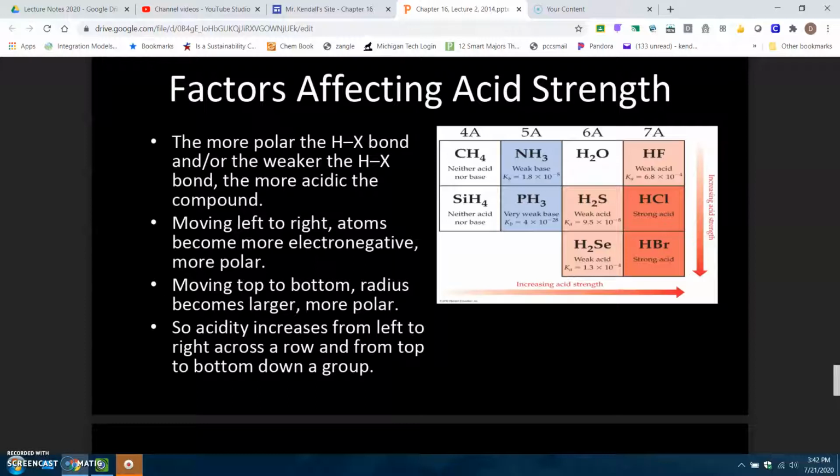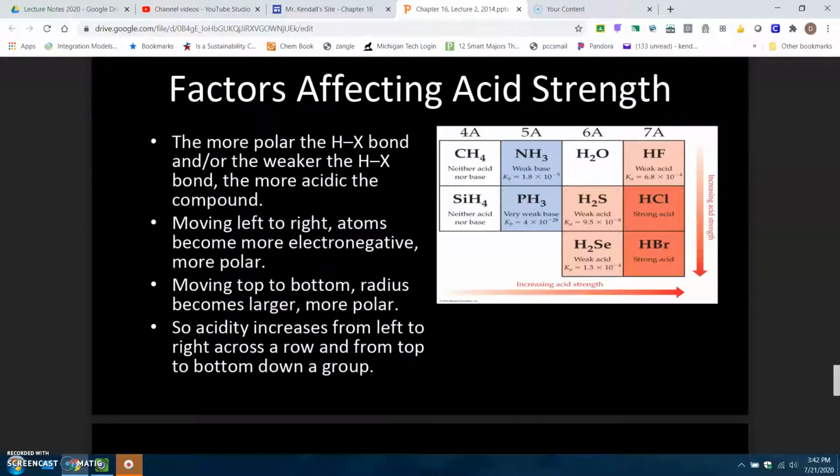So in these examples up here in this top row, hydrofluoric is the most polar. It's got the highest electronegativity. That is going to pull on that shared pair of electrons more strongly. So therefore, that hydrogen is released relatively easily in comparison to water and NH3, ammonia, and CH4, pretty much not at all. Given this grouping up here at the top, as I move from left to right, hydrofluoric is going to be the most acidic because of Zeff.